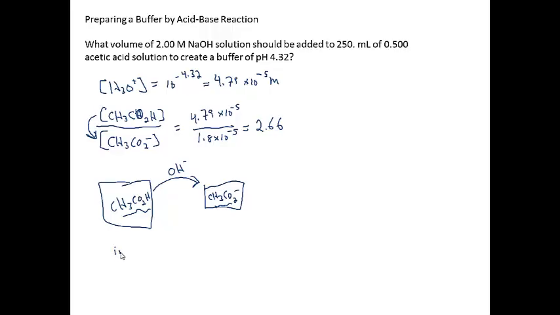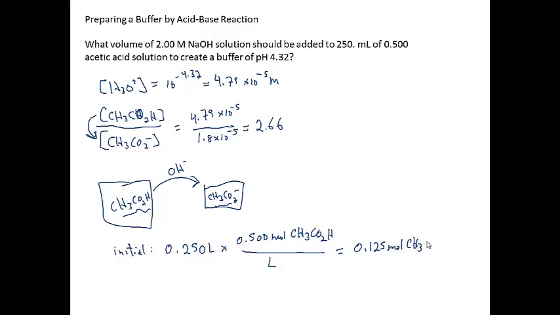So our initial amount of acetic acid is 0.250 liters times 0.500 moles of acetic acid per liter. That means we have 0.125 moles of acetic acid.